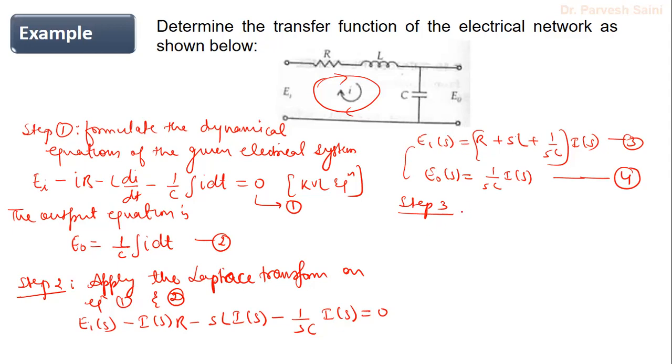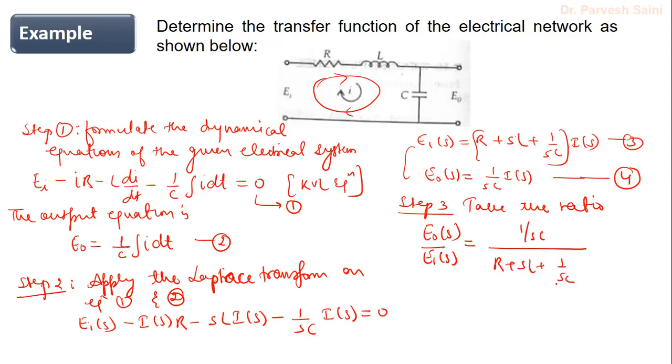Okay, so take the ratio, right? So it is E naught S divided by EIS is equal to 1 upon SC divided by R plus SL plus 1 upon SC. So we can simplify this equation.